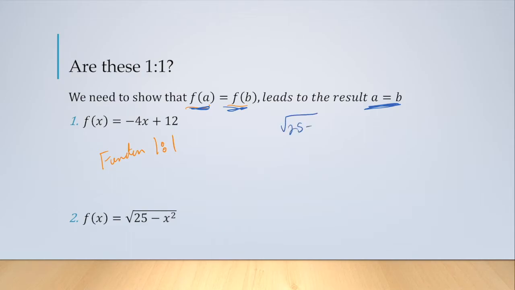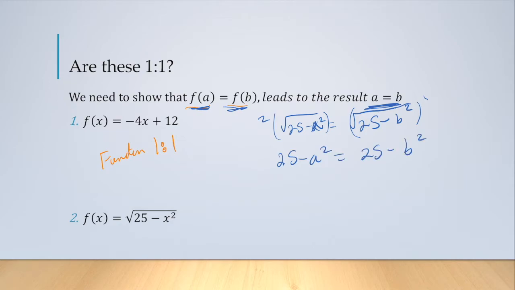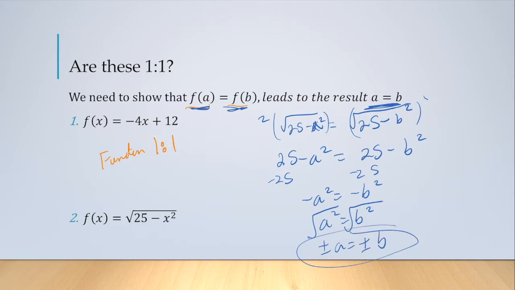So I have the square root of 25 minus a squared equals the square root of 25 minus b squared. In order to simplify these, first I need to square both sides because squares undo square roots. I've got 25 minus a squared equals 25 minus b squared. Subtract 25. Negative a squared equals negative b squared. A squared equals b squared. Take the square root of both sides. I get plus or minus a equals plus or minus b. Wait, hold up. That is not the same as a equals b.